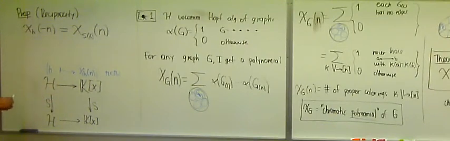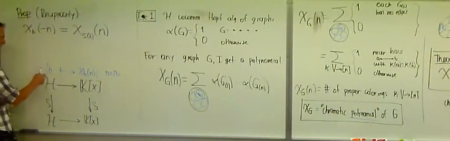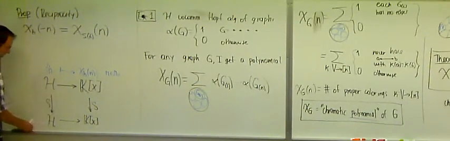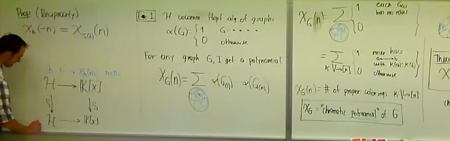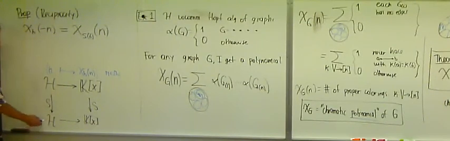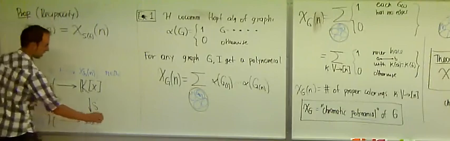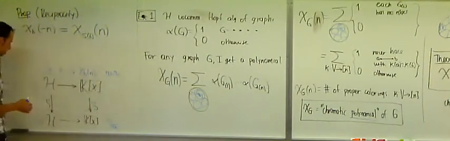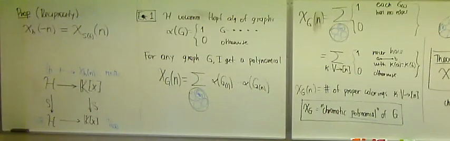And if you look at what this says, okay, what do we get when we go this way? You go from H, we go to S of H, and then we apply chi. So we get chi of S H. Right?